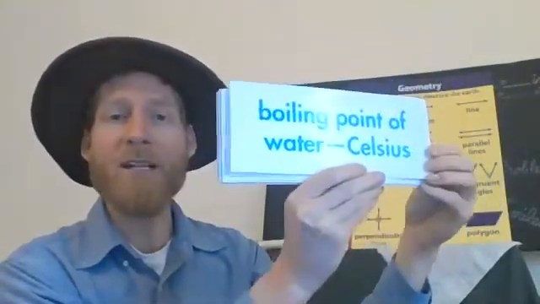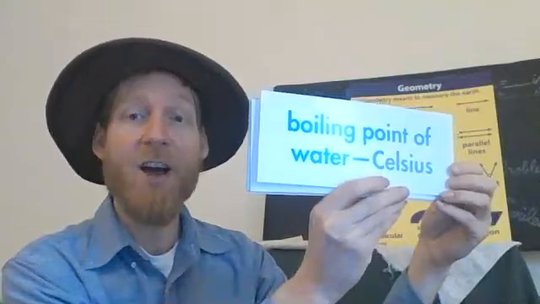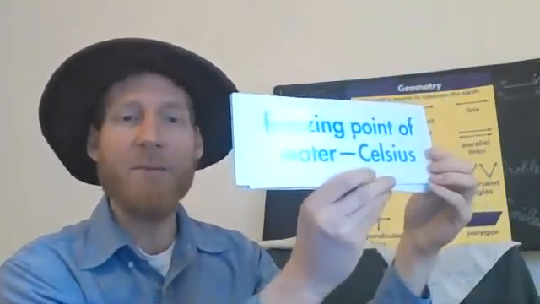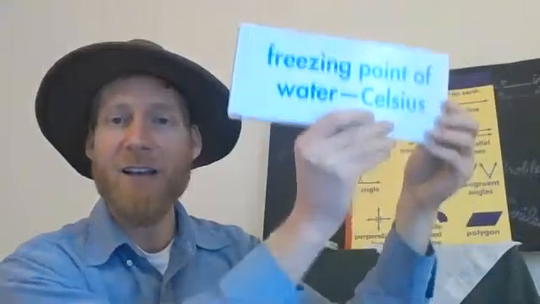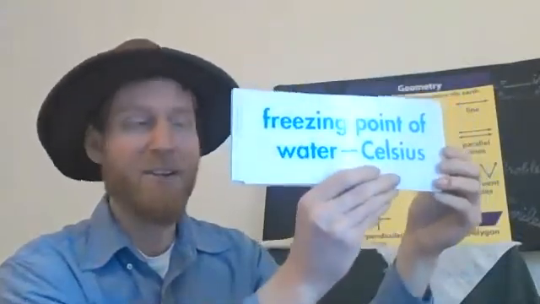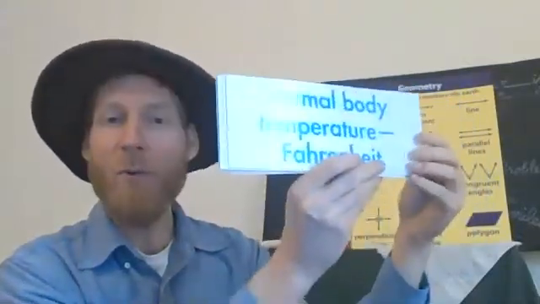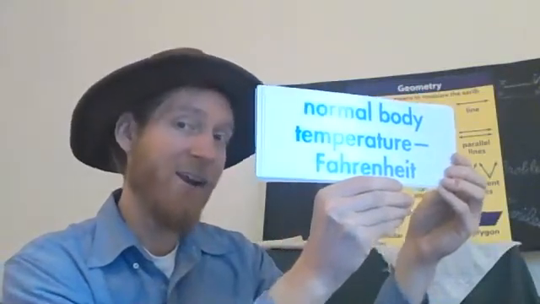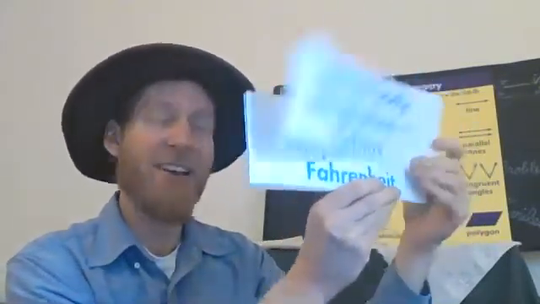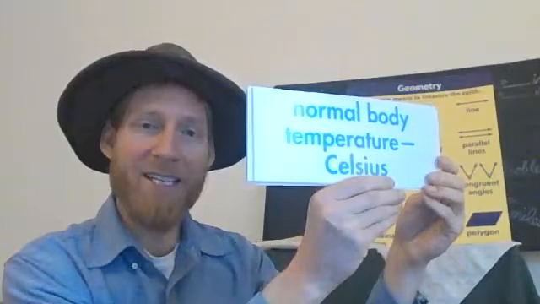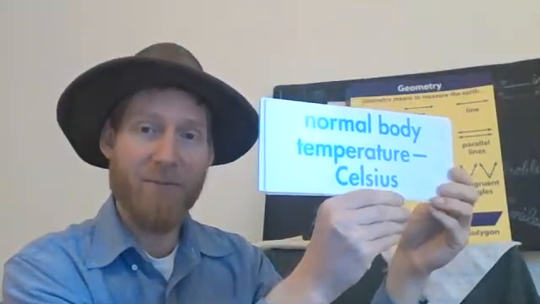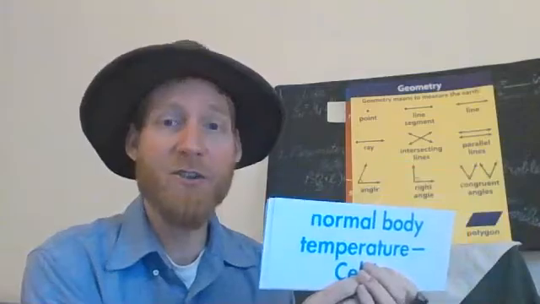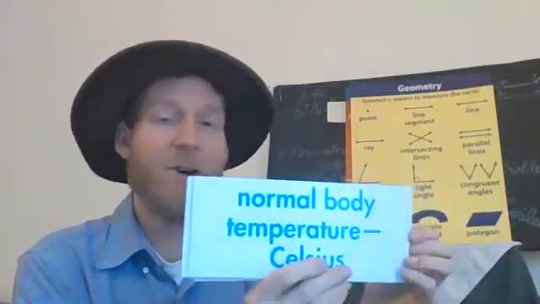The boiling point of water Celsius, 100 degrees. Did you say it with me? The freezing point of water Celsius, that's right, 0 degrees. The normal body temperature Fahrenheit, 98.6 degrees. The normal body temperature Celsius, that's right, 37 degrees. And I assume that you remembered and you got it right.